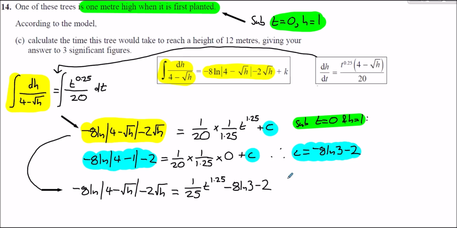So now what I need to do is to work out the time when the tree would reach a height of 12 meters. So what I need to do now is to rearrange this equation to get the time as the subject. So now, if I were to add on to both sides of this equation 8 ln 3 and 2, so plus 8 ln 3 and plus 2 to both sides, we'll get the following.